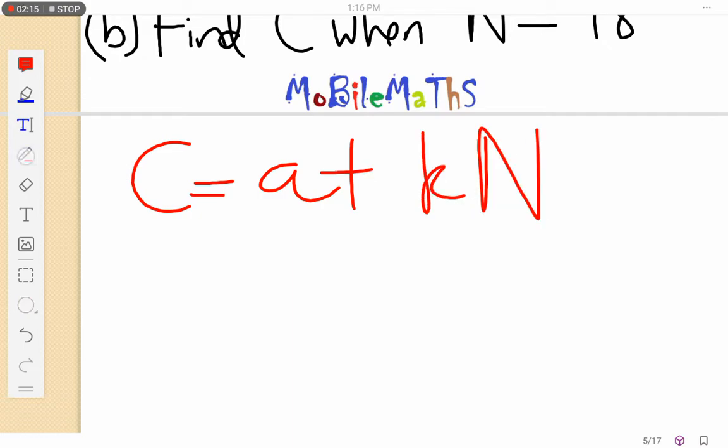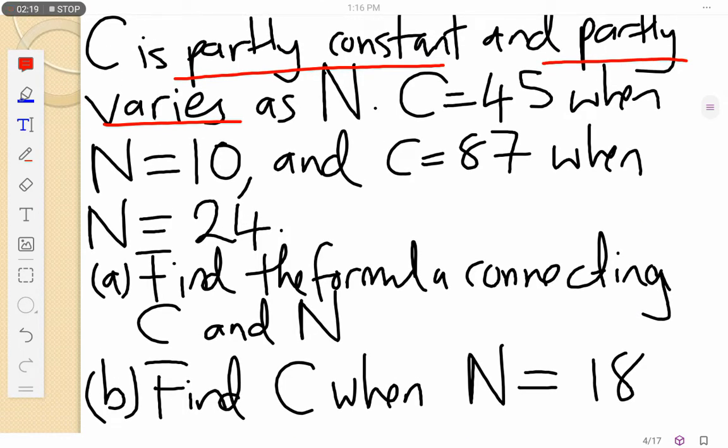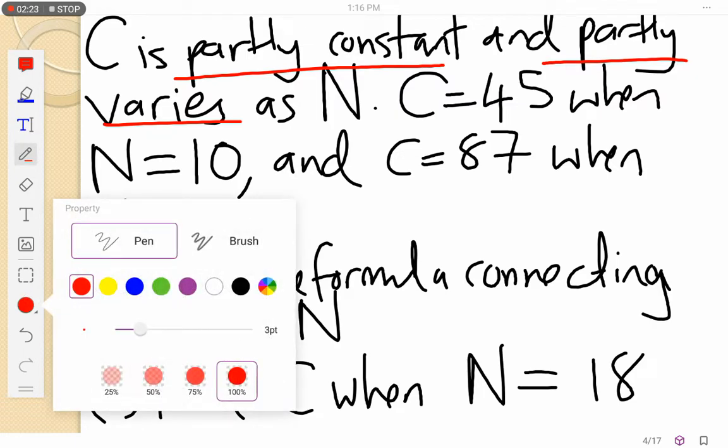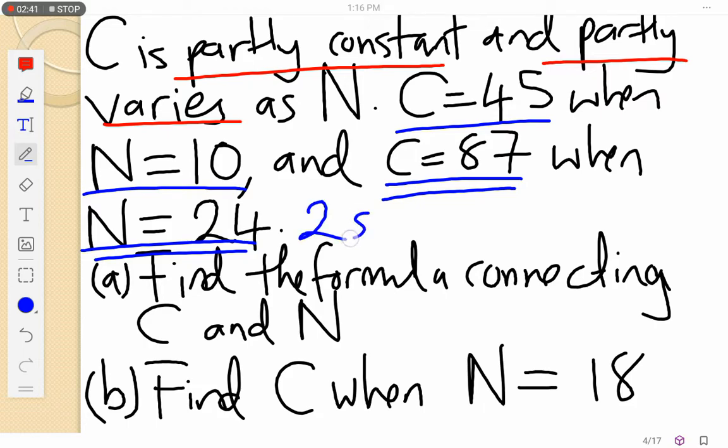Then they give you two different values. Like in this case, we are given that C is equal to 45 when N is that. Then they also give us another value, C is equal to that when our N is this. So with those two different values, you automatically form two simultaneous equations.